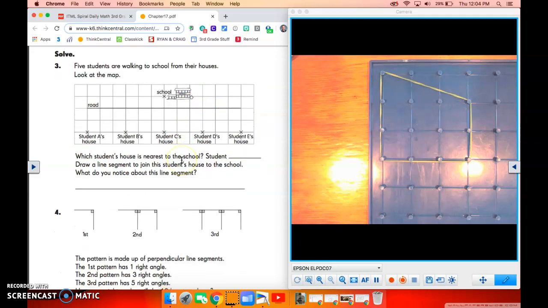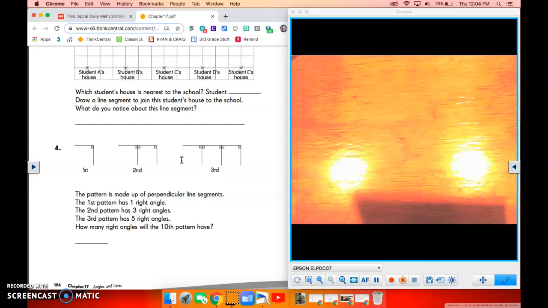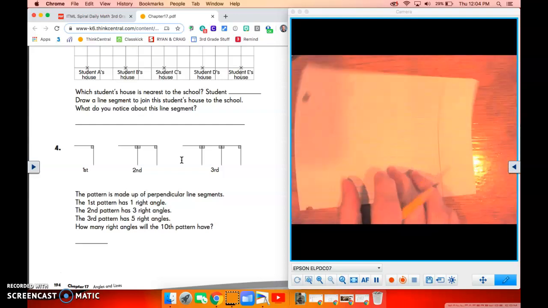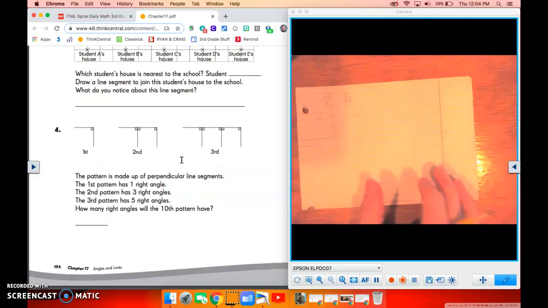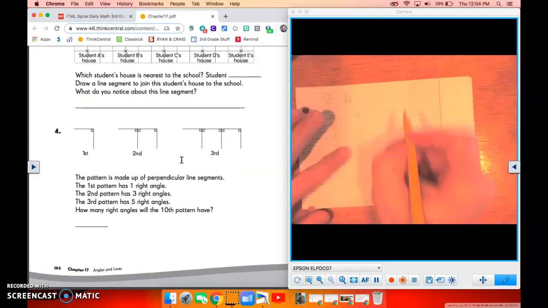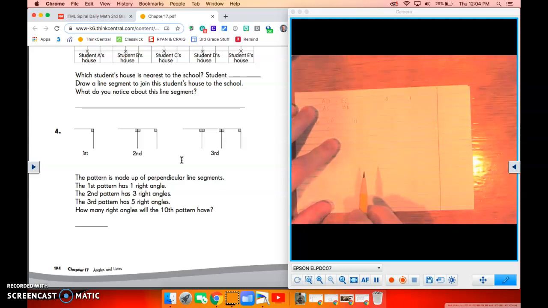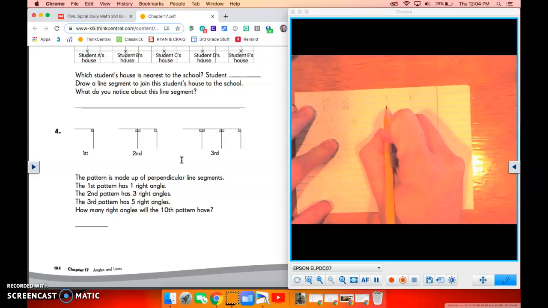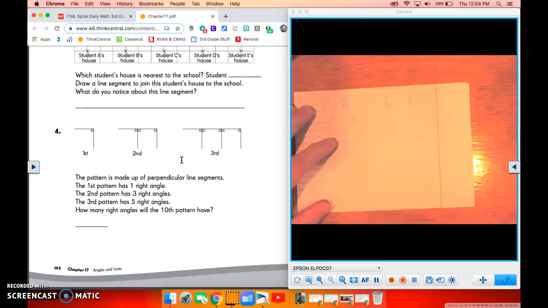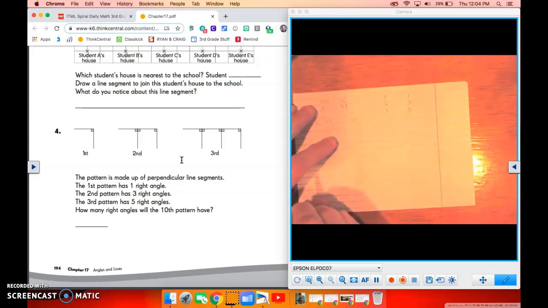Number 4, here's the tricky one, the challenge. This pattern is made up of perpendicular line segments. The first pattern has 1 right angle, the second pattern has 3 right angles, and the third pattern has 5 right angles.